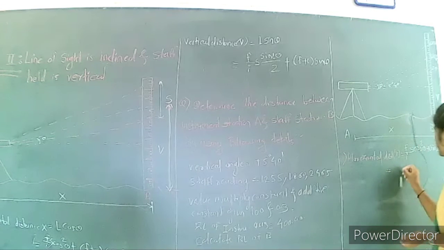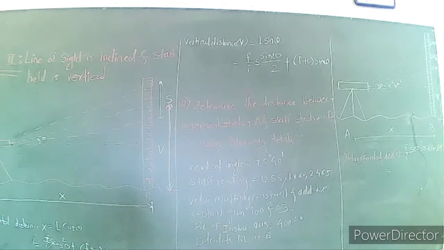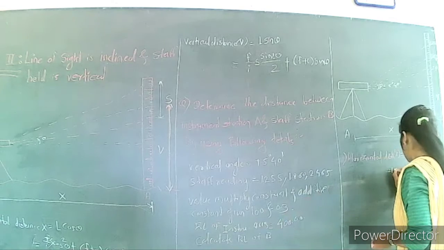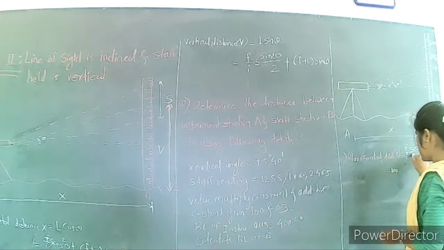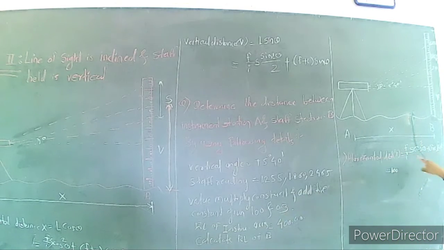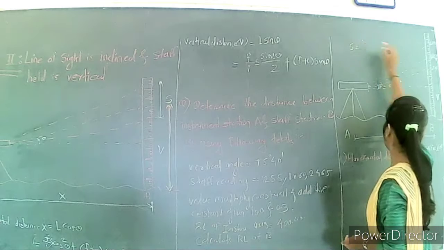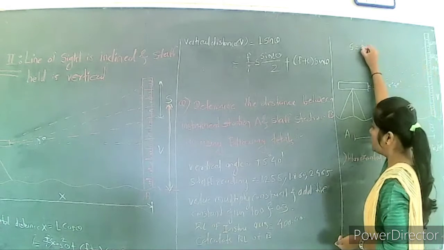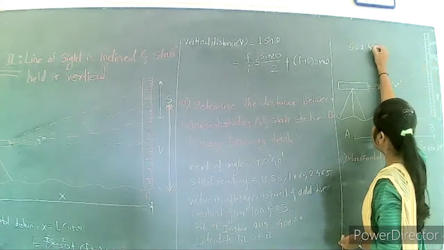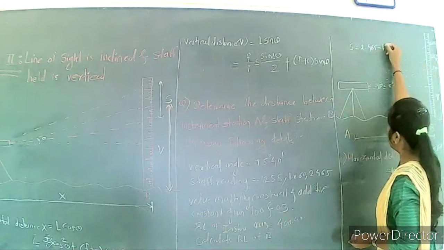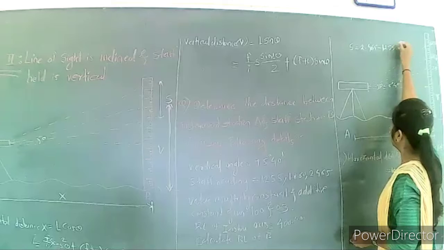Now we put all the values. The value of the multiplying constant f upon i is given as 100, so that is 100 into S, the staff intercept. How do we calculate the staff intercept? S is equal to the bottom hair reading, 2.465, minus the top hair reading, 1.255.